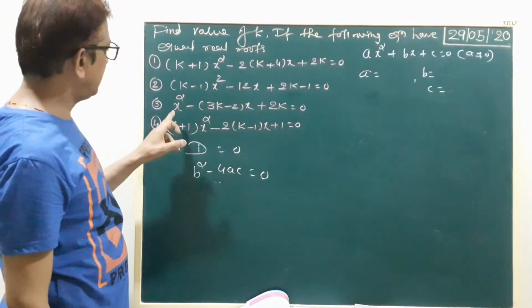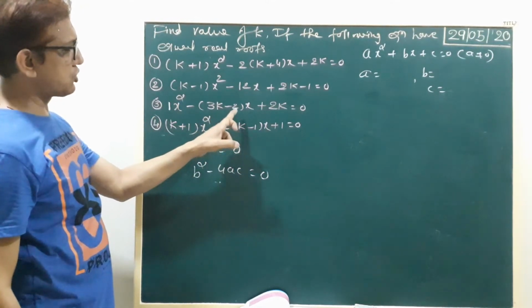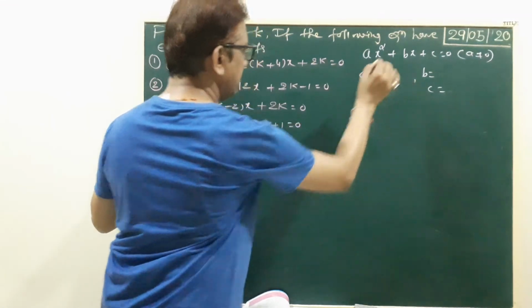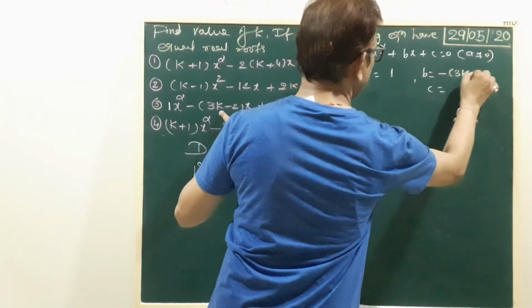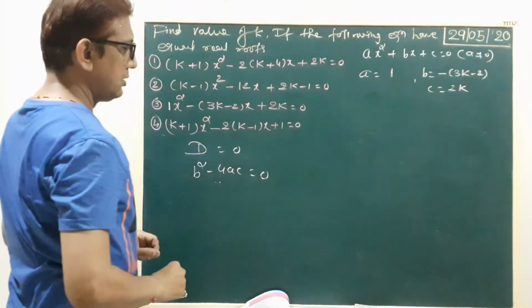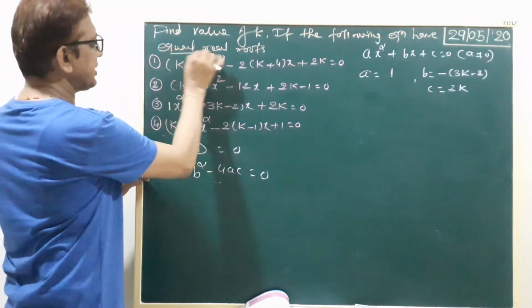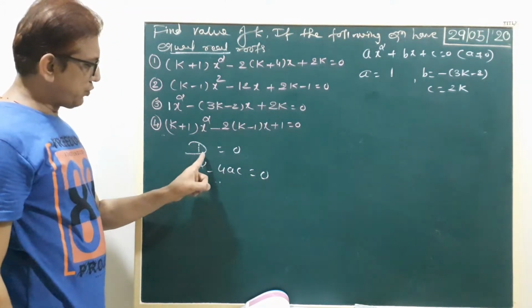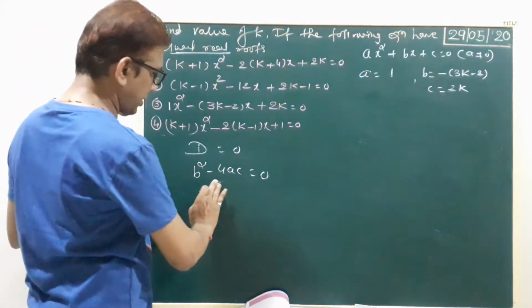Now third sum. Here 1x square minus (3k minus 2)x plus 2k. a equal to 1, b equal to minus (3k minus 2) and c equal to 2k. Okay. Now discriminant equal to 0 because our condition is equal real roots. This one is most important. So we put b square minus 4ac equal to 0, the discriminant formula.